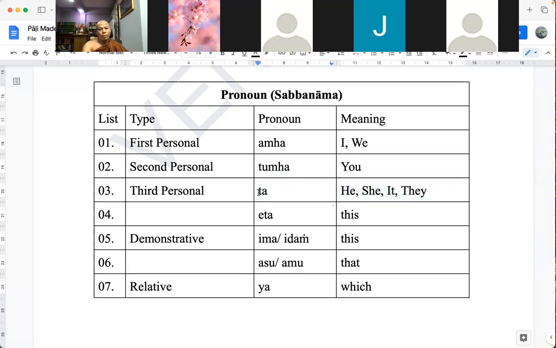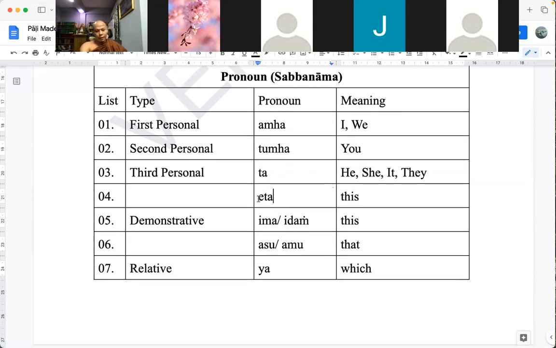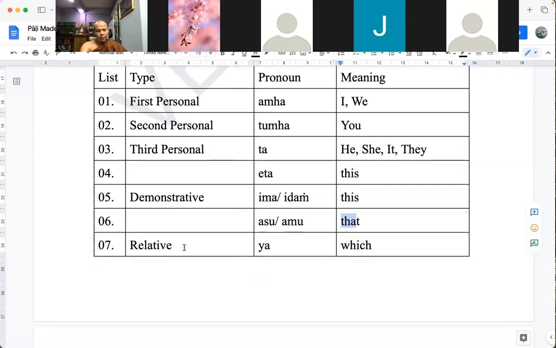But the third personal pronoun is also known as a demonstrative pronoun by some scholars. The ima or idam is a demonstrative pronoun meaning this. Then esa, amu are also demonstrative pronouns, meaning that. And then next is the relative pronoun ya, which means which.